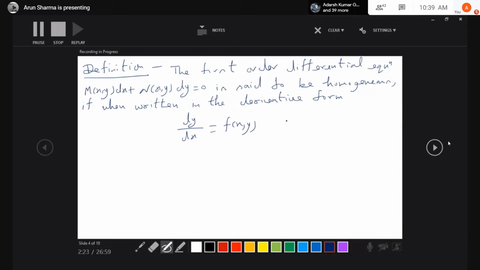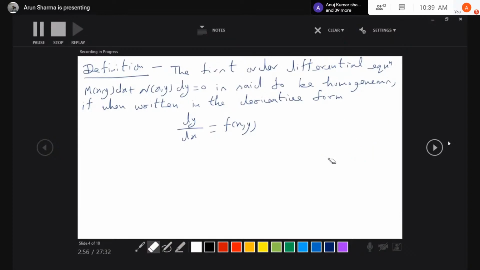If you recall, in the first class I told you two forms. We have a differential equation in two forms. One is M(x,y) dx plus N(x,y) dy equals 0, and another form is dy by dx equals f(x,y). This is said to be the derivative form. You can always convert one into the other.